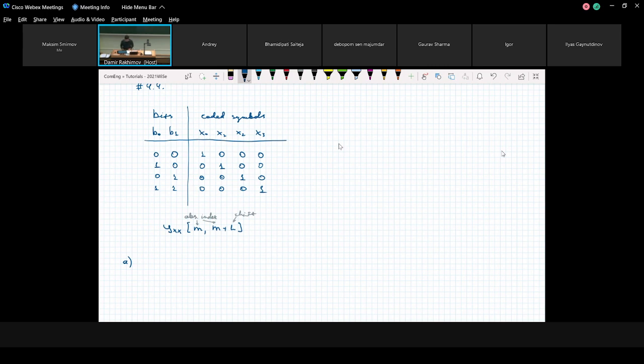Okay, in order to avoid confusion, I should use the same indices as in the task. Let me change. Let's call the absolute index n, then the shift we call m. The idea is that you need to consider a synchronized sequence of blocks.